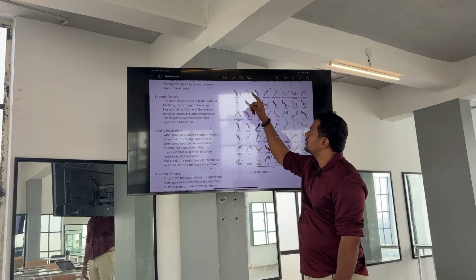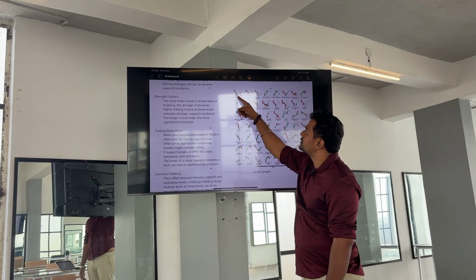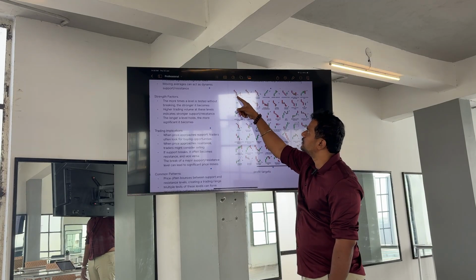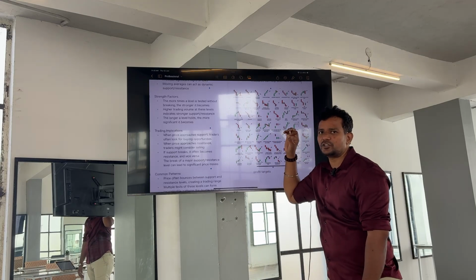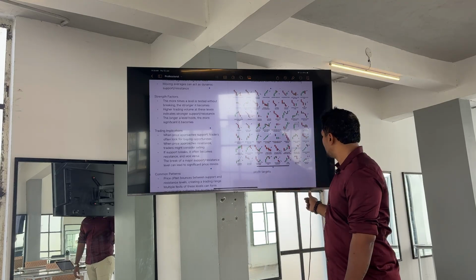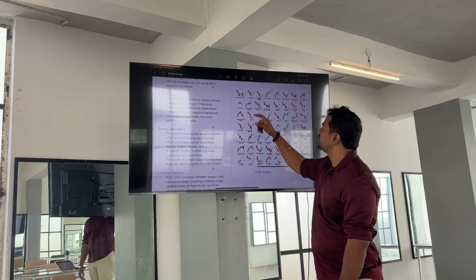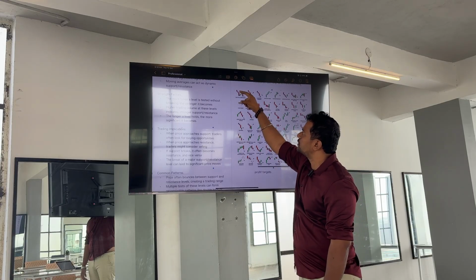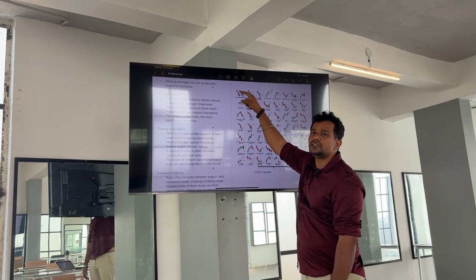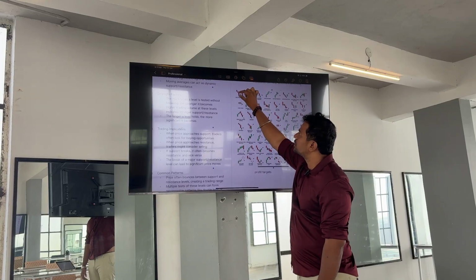After that there was demand pressure, but it could not even break this single candle. And after 3 days also, let's assume these are daily candles, the demand side could not overcome the supply side. These 3 candles could not overcome the supply.